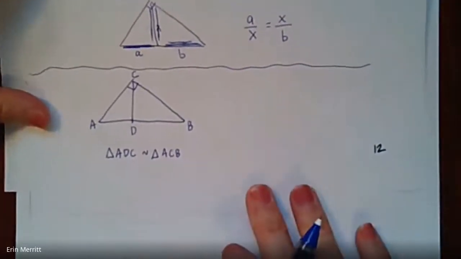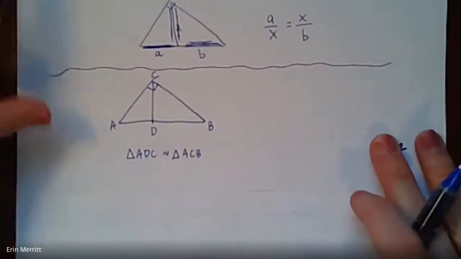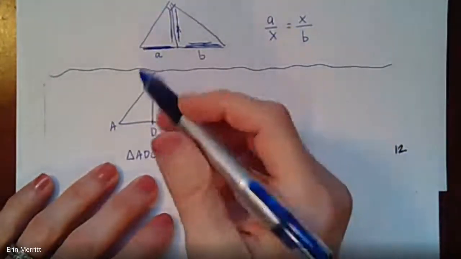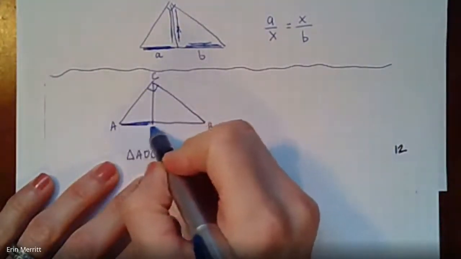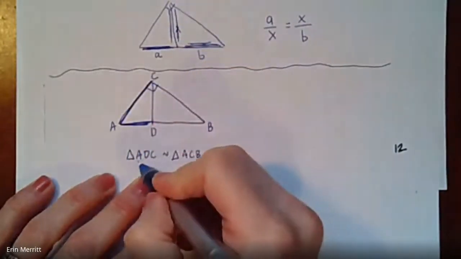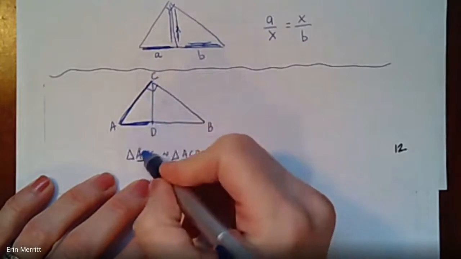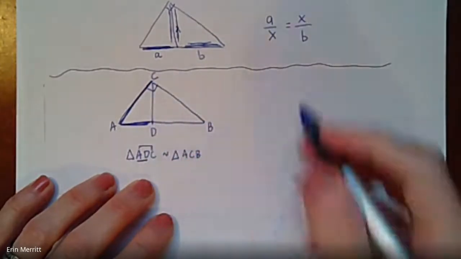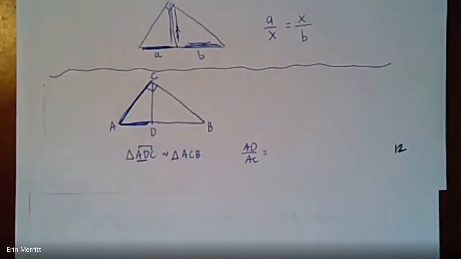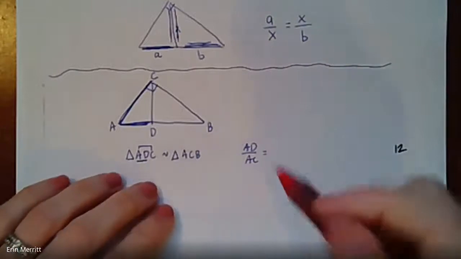Just how we did in yesterday's notes, I want to focus on specific pieces here. I want to look at side AD and then AC. So that means this one and then the first and the last. I'm going to say AD is to AC. I have to make sure that I use the same parts of the bigger triangle.